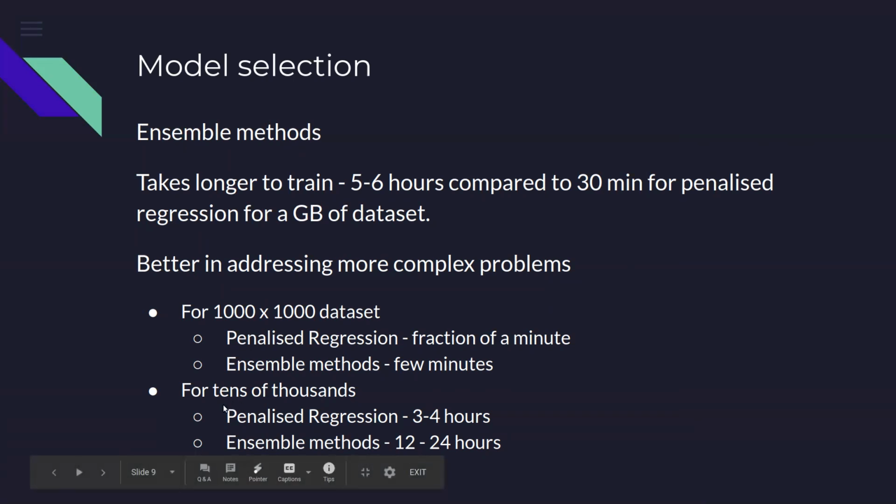And if your data size is, say, tens of thousands of records and tens of thousands of features, then this 3 to 4 hours can actually become 12 to 24 hours. It means about maybe 4 to 6 times more. That is what we are seeing in our own experiment, when we capture the time taken, random forest is much larger.